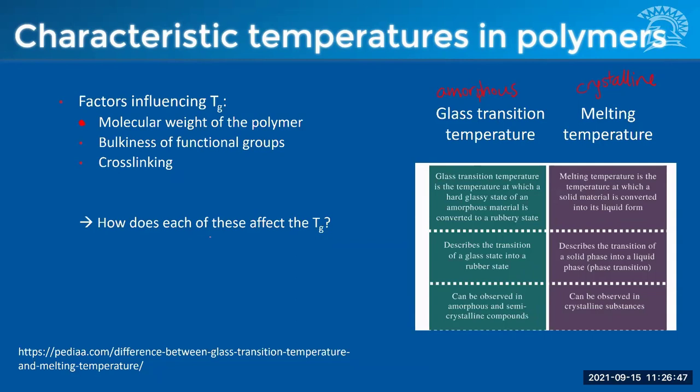They do tabulate melting temperatures for amorphous polymers, but we use glass transition temperature. It's a much more useful characteristic or property of the polymer. Did I answer your question? Yeah, thanks. Sure. Okay, so I'll go ahead and go through these factors.